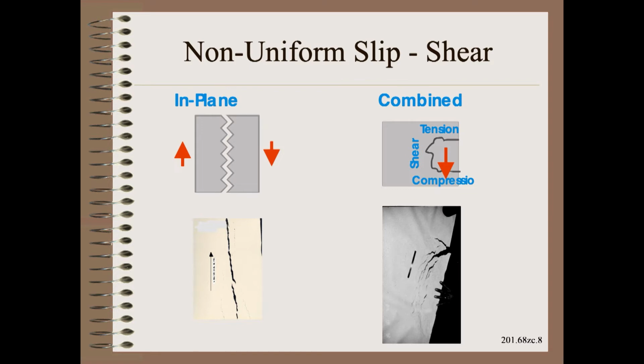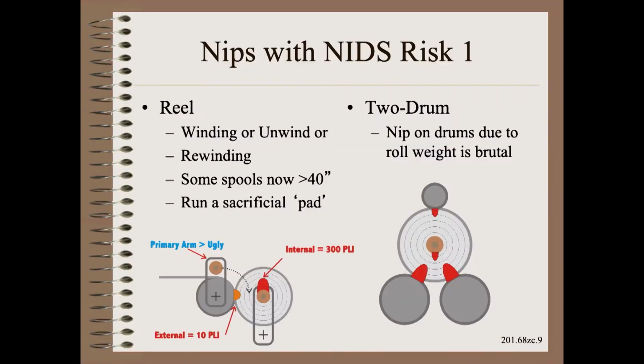The figures at the right show that all three of these non-uniformities of motion, tension, compression, and shear can happen in the same area, resulting in the classic core burst that plagues newspaper, magazine, and other materials.